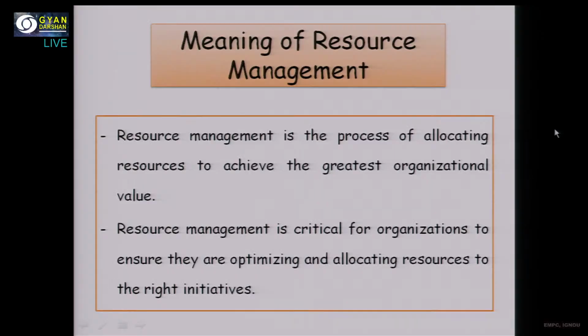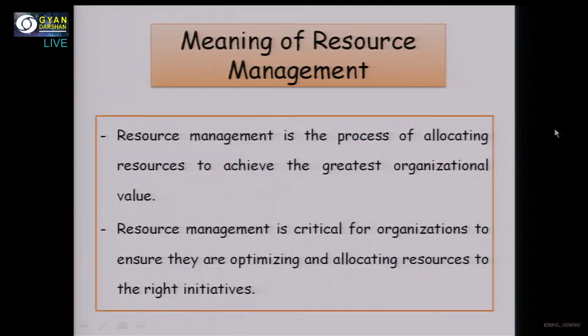When we look at the term resource management, it is the process of allocating resources to achieve the greatest organizational value. So here we can see that there are different types of physical resources that are available in the school. How as a teacher we organize the physical resources, that is important.